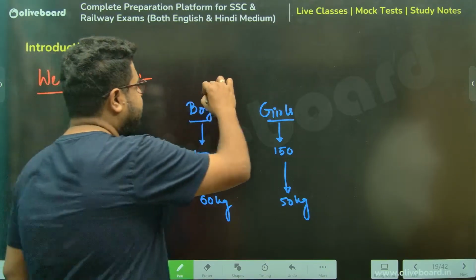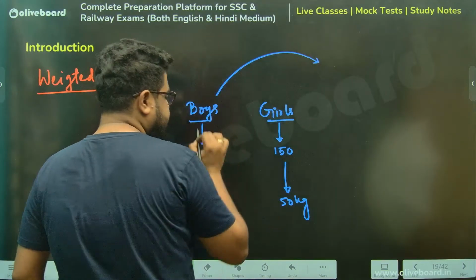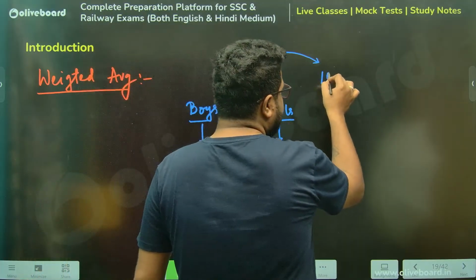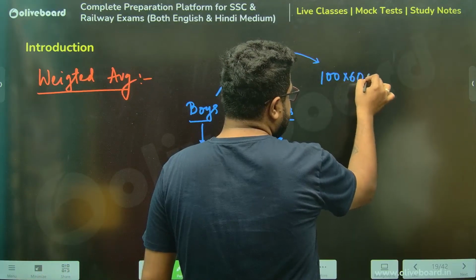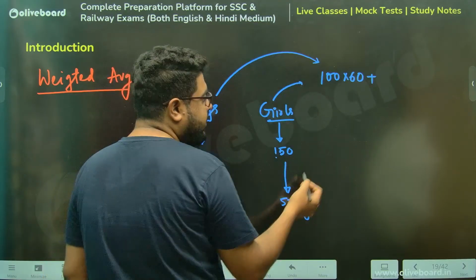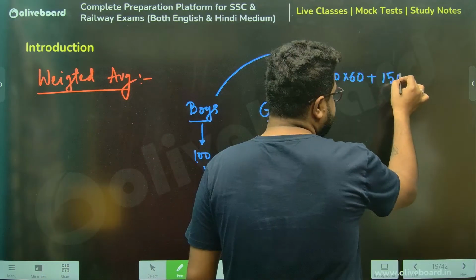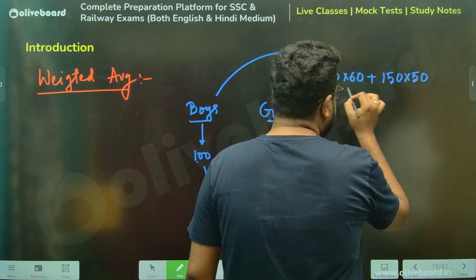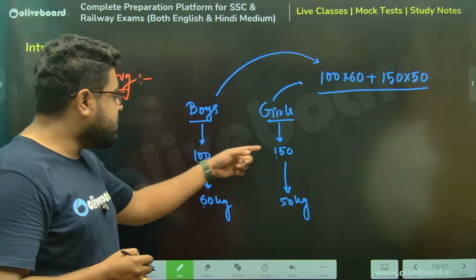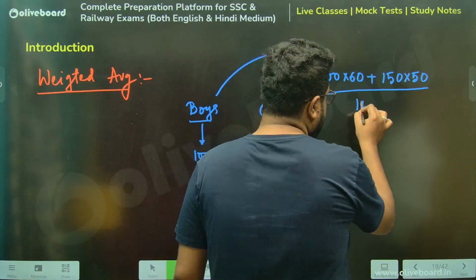Total average will be, sir, total weight of the boys, meaning every boy 60 kg into 100 boys, so 100 into 60, plus total weight of girls, that means 150 into 50. 150 girls, everybody weighs 50 kgs. Divided by total number of students, boys plus girls, 100 plus 150.